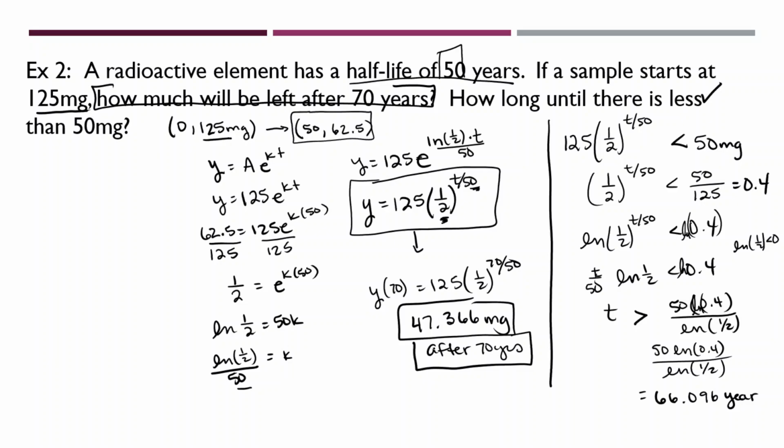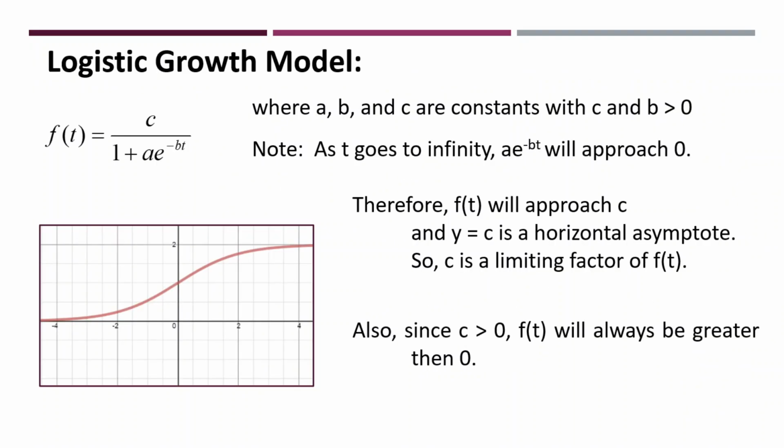Okay. All right, then we have logistic growth models. Now, logistic growth models are always in this form. Okay, so in the denominator, this is a negative exponent here, which means this e is a decay. This is getting smaller and smaller, which means the denominator is getting closer and closer to 1.